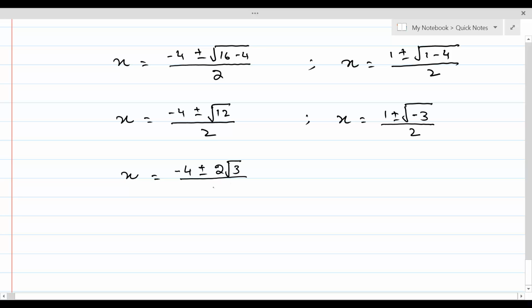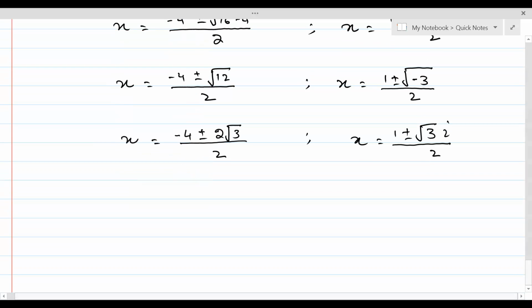And here x is equal to 1 plus minus under root 3 iota over 2, which means whenever there is iota, it means the roots are not real. That iota shows that the roots are complex roots, and here the value of x upon taking 2 common and then cancelling it gives minus 2 plus minus under root 3.